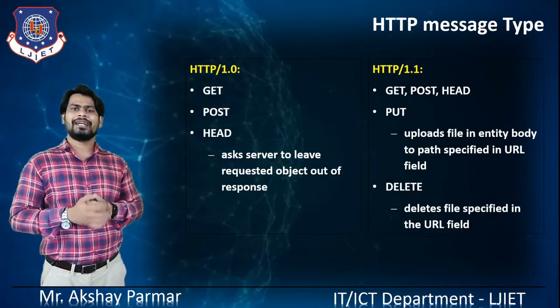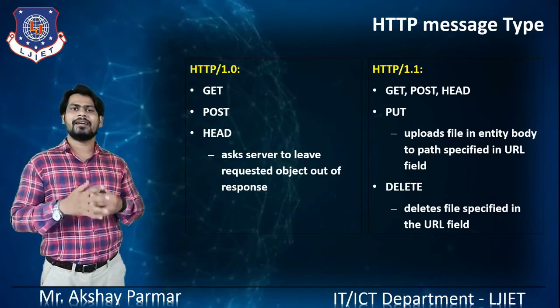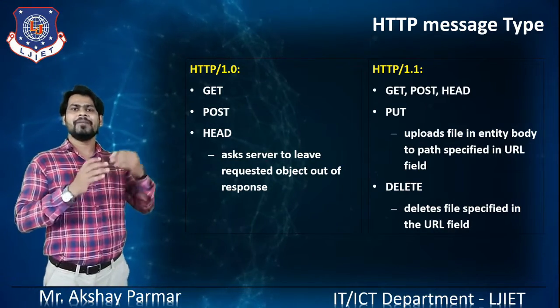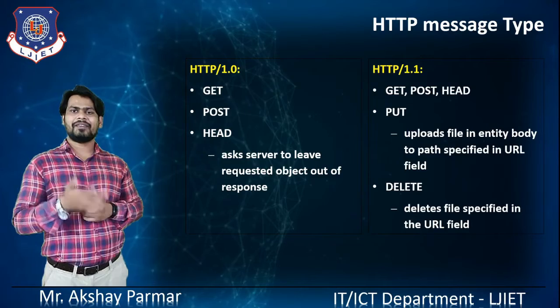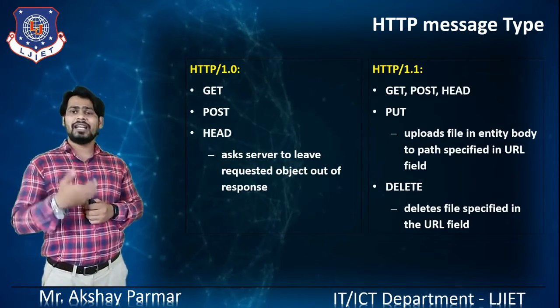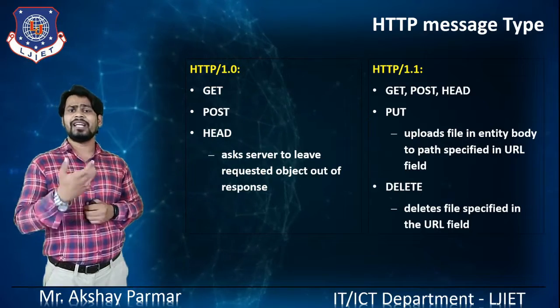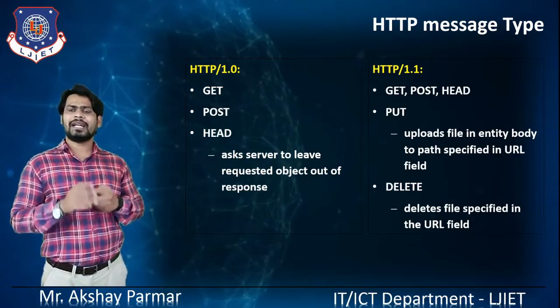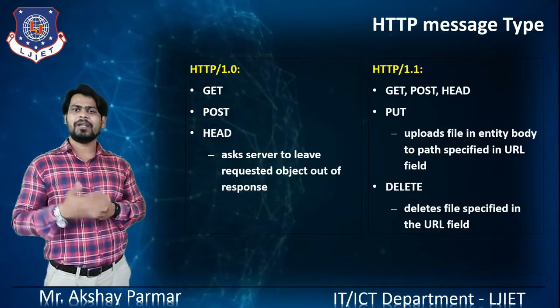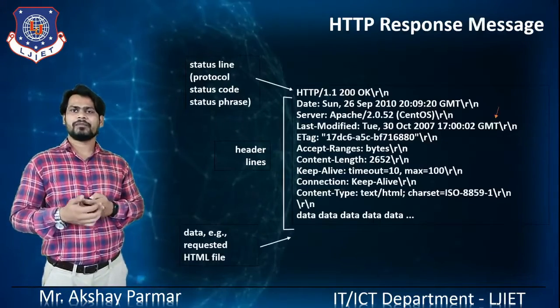In PUT, it uploads a file in the entity body to the path specified in the URL field, right? After that, you have the DELETE functionality, which deletes the file specified in the URL field, right? So that is the basic difference between HTTP 1.0 and HTTP 1.1, right?